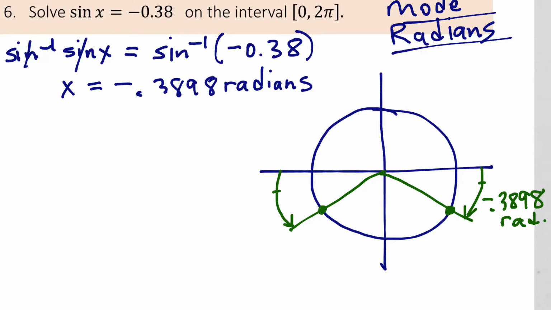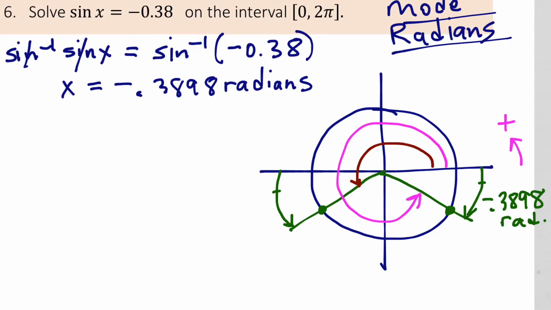Going from my initial side at 0 to this side here is one of my angles, and going from my initial side to this terminal side here, rotating in the positive direction for both, gives a second. Those are my two solutions.